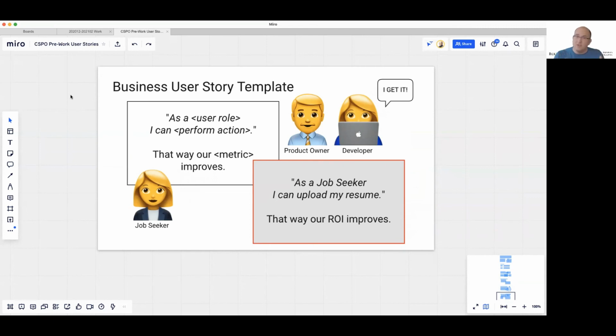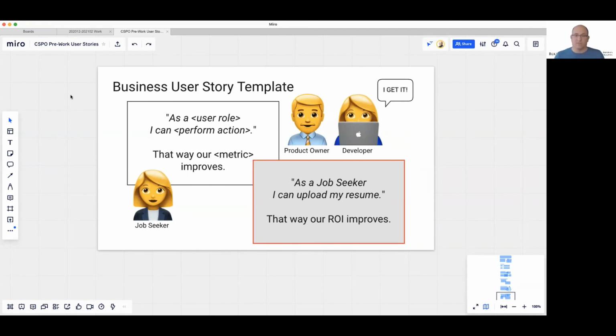This is the business user story template. Now, the idea starts the same. You identify a user, a job seeker, for example, and we tweak that a little bit so that instead of saying what they want, it's about what they can do, how they interact with your product. So as a job seeker, I can upload my resume, period. Okay, now here's where it gets different.